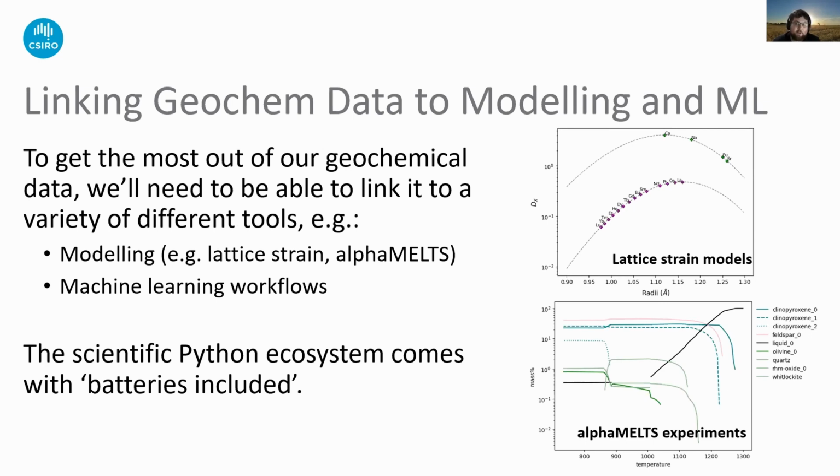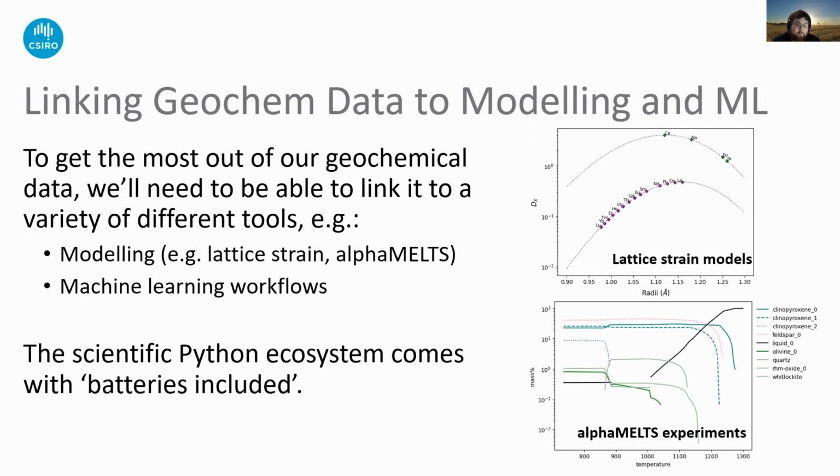Pyrolite provides some methods to use data and some common modeling tools like alphaMELTS, and also contains some interfaces for linking geochemical data to machine learning workflows. And through establishing these links, the aim is to get more out of our data and essentially put it to work rather than just letting it sit on a hard disk.